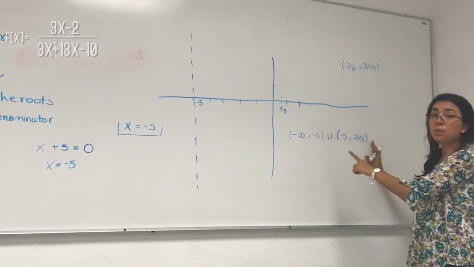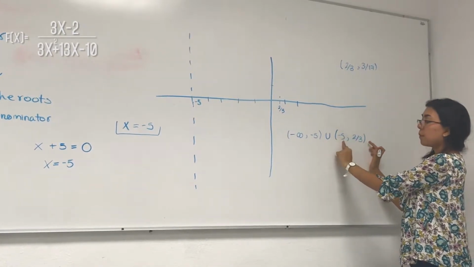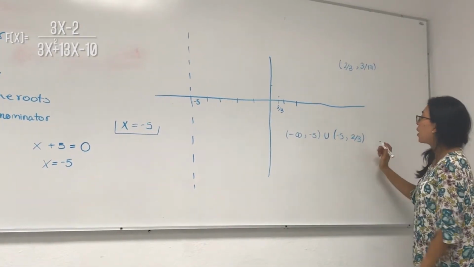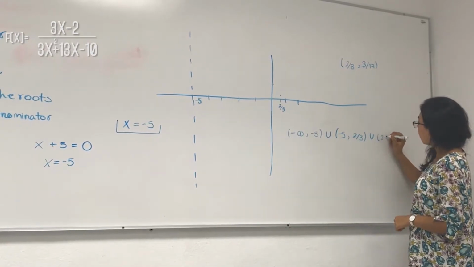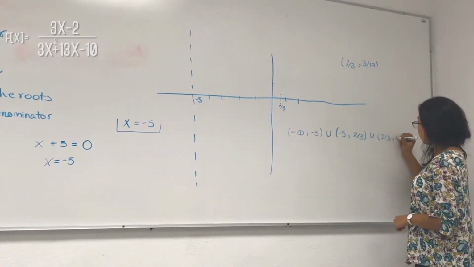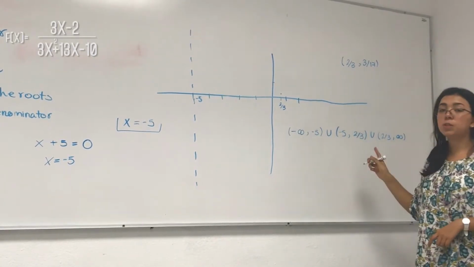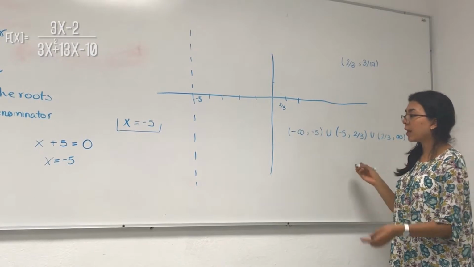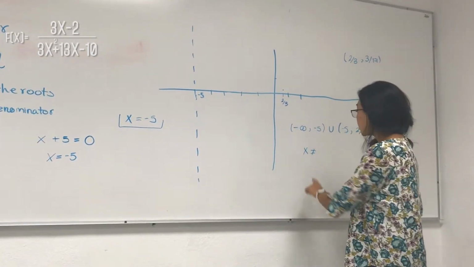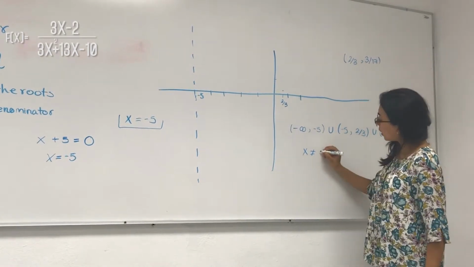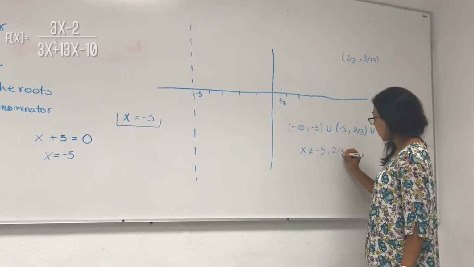It's parentheses on both because we don't actually touch the minus 5 and the 2 over 3. And then union with 2 over 3 to positive infinity. So this is our domain. We can also write it as x different from minus 5, 2 over 3.